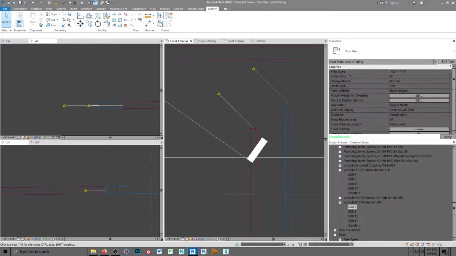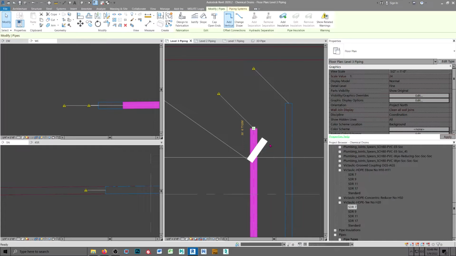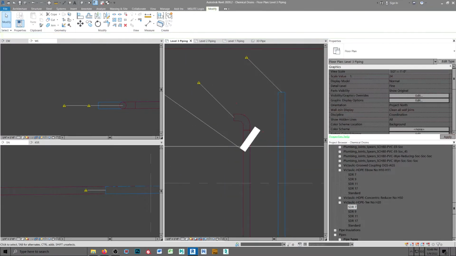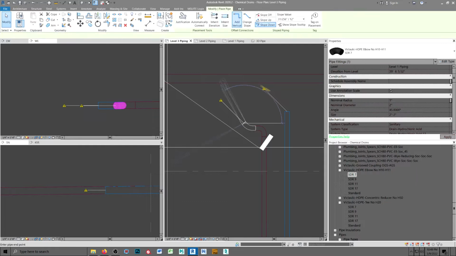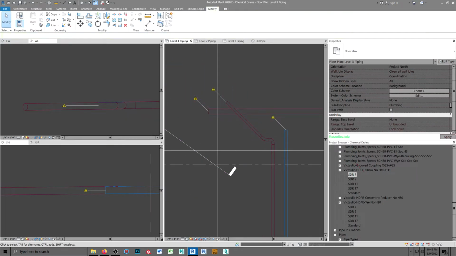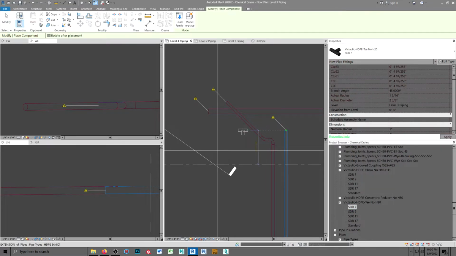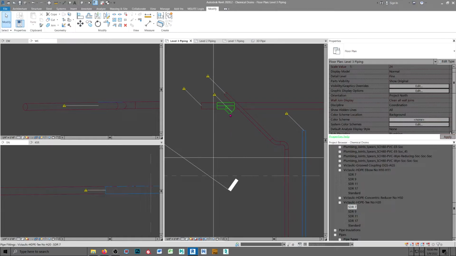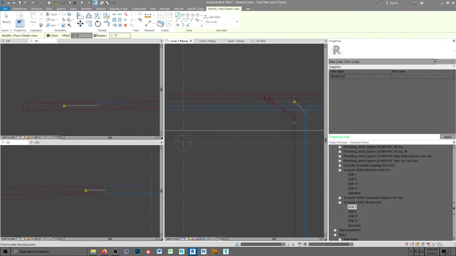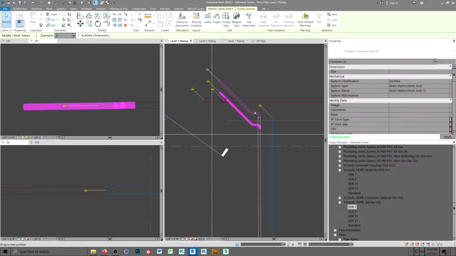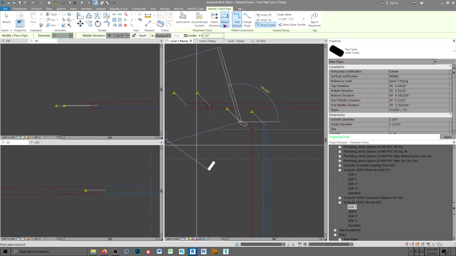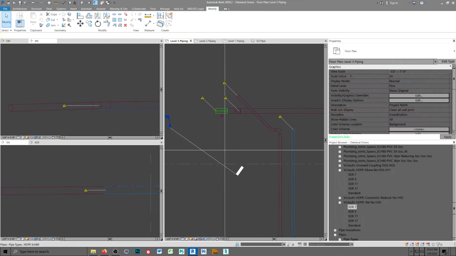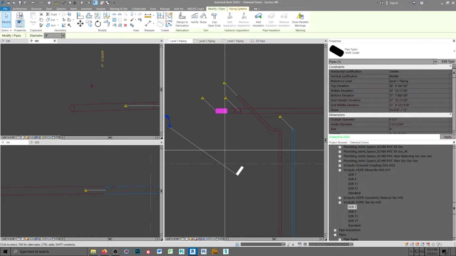Okay, let's start this now. And draw some pipe. Over in this view, I'm going to hide that.